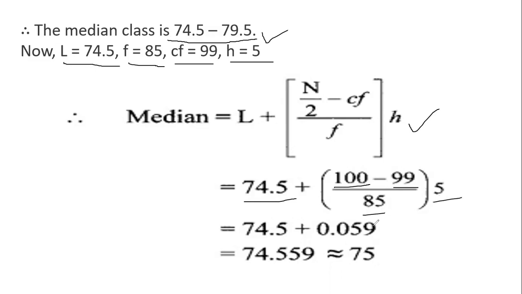So 1 upon 85 which is divided by 5, so you get 1 upon 17. So you get 0.059 which is added with the 74.5. So you get 74.559. So approximately your median value is 75.